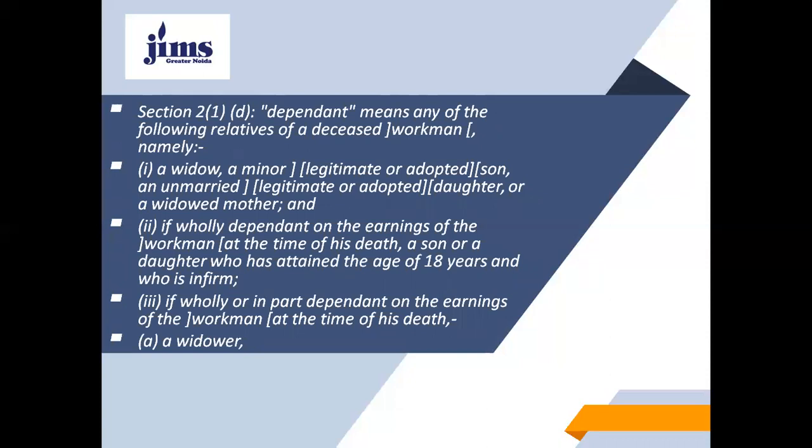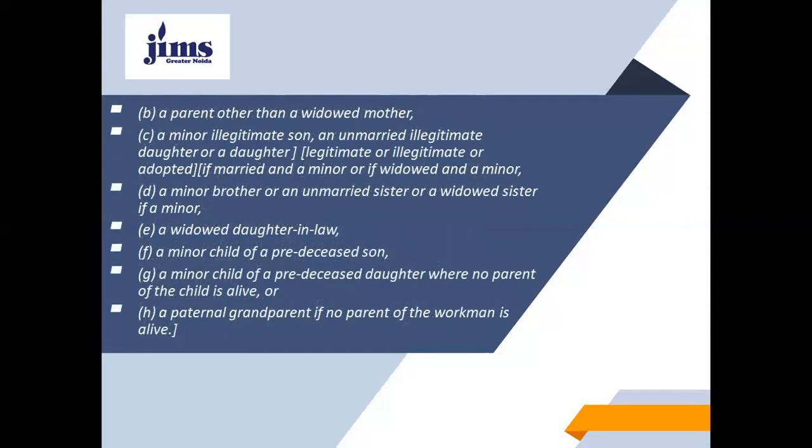For this subclause and item F, we have referred to clause F, that a minor child of a predeceased son, and in subclause G also, a minor child of a predeceased daughter.